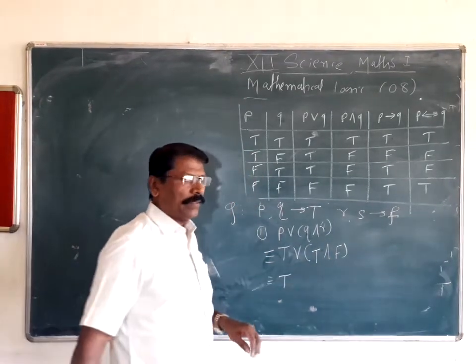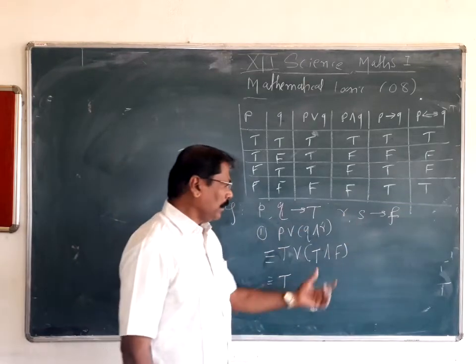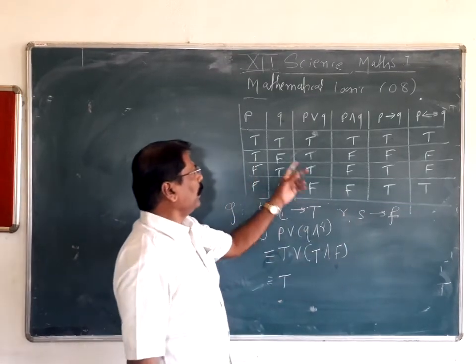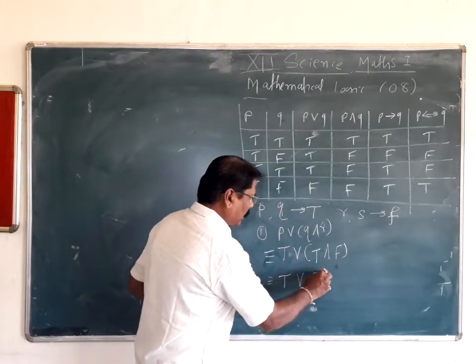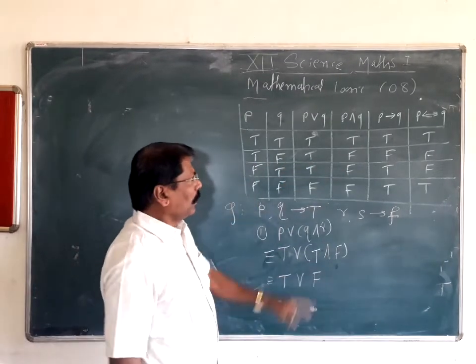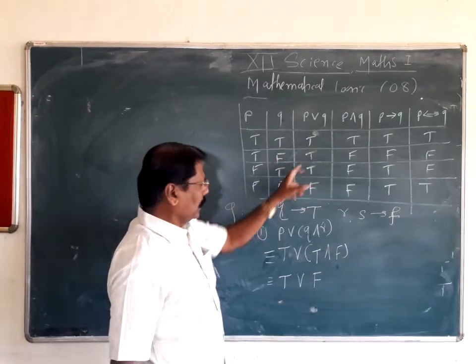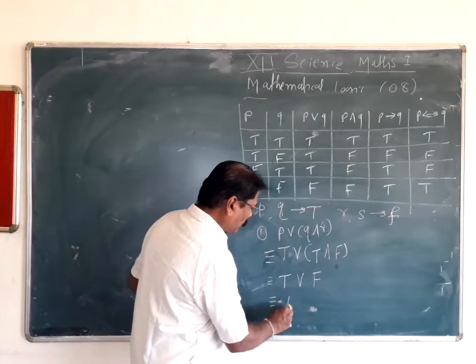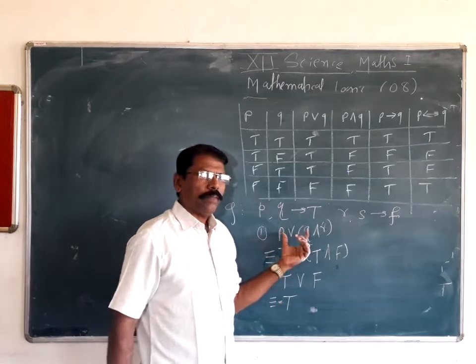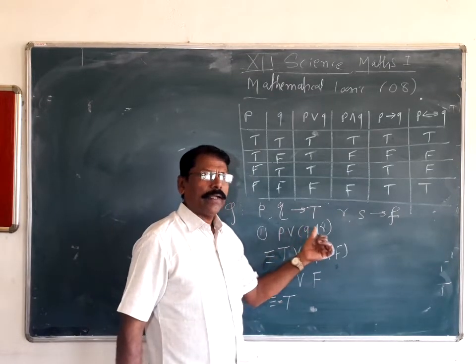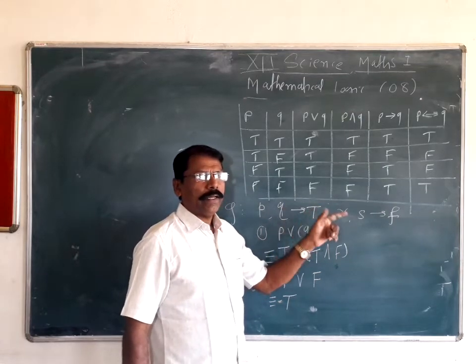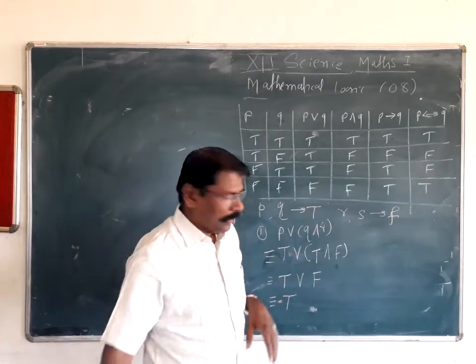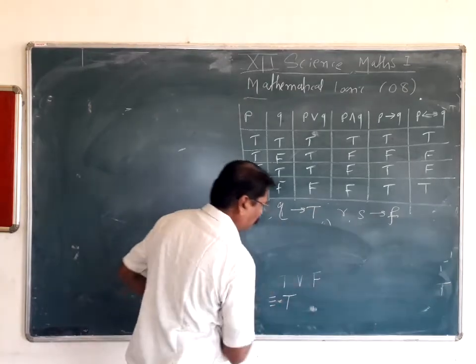You know that in mathematics, by the BODMAS rule, we start with the bracket. T and F is F. So this is T or F, and T or F is again true. So the truth value of P ∨ (Q ∧ R) is true when P and Q are true and R is false.